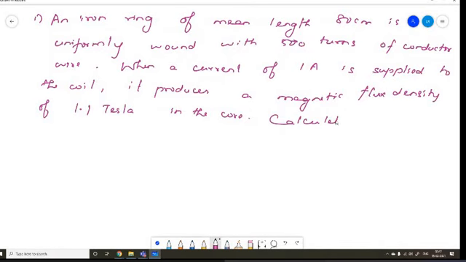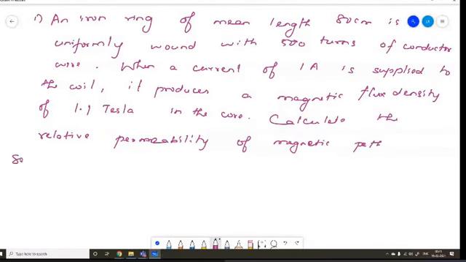Calculate the relative permeability of the magnetic path.